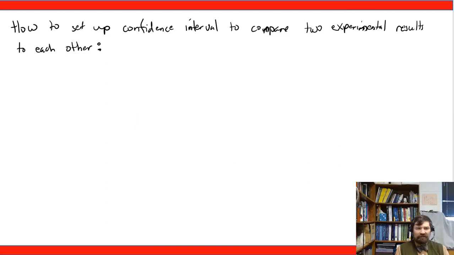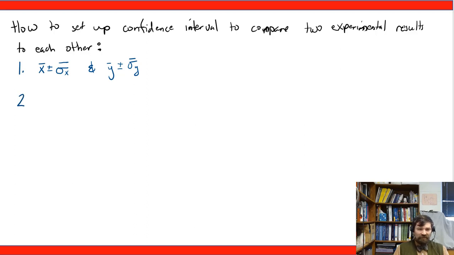The recipe is fairly similar to what we had before. It's just that now what we have is a result for the first experiment. So we'll call that x plus or minus sigma x. And let's say the other one is y and sigma y.